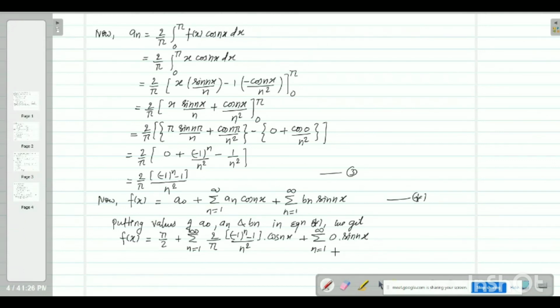Okay, so this will be 0. So here we have this equal to pi by 2, and 2 by pi is constant, I'm taking it outside, and summation running from 1 to infinity minus 1 raised to n minus 1 divided by n square and cos nx. Okay, and this will be 0. Just write down the remaining thing on the next page.